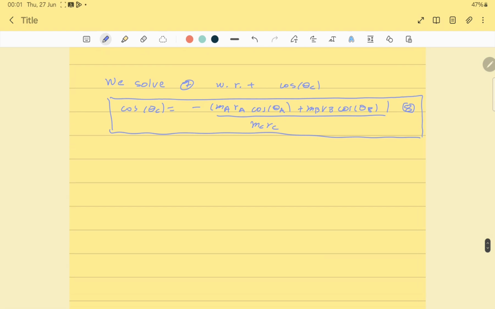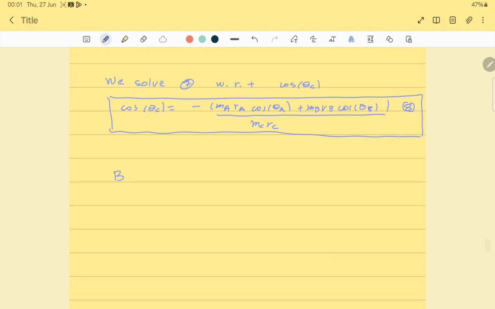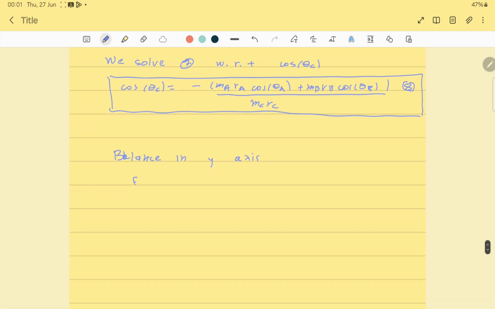Now we also need to balance in the y-axis. The forces in the y-axis, if we add them together, should equal 0. Now we use substitution, using the formulas 2, 4 and 6.